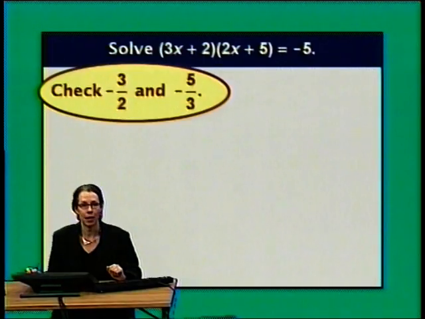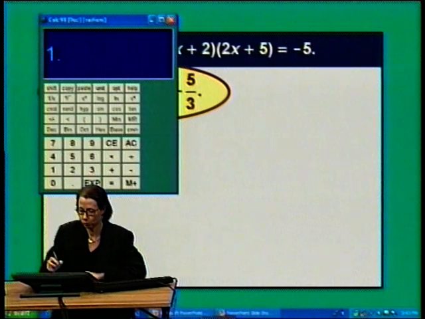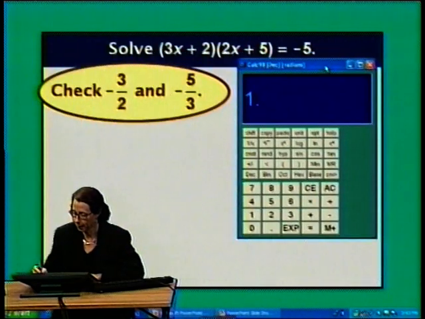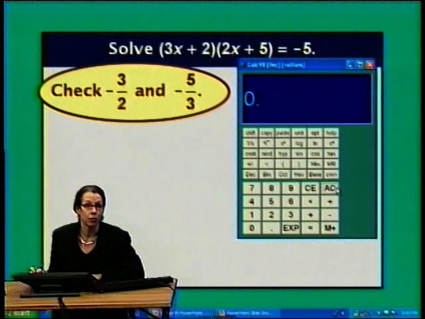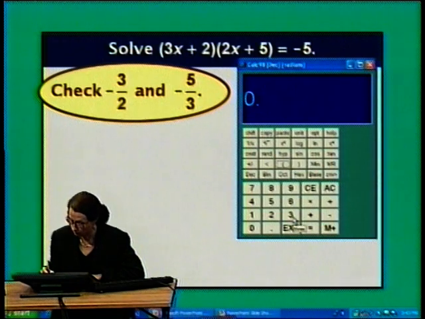But now let's go ahead and check our solutions. In this situation, I think I'm going to use my calculator to do the check. So I'm going to check -3/2 first. So when I check this, I'm going to enter my expression on the left just as it is in my equation. Parentheses, 3 times my x value, which is -3/2.